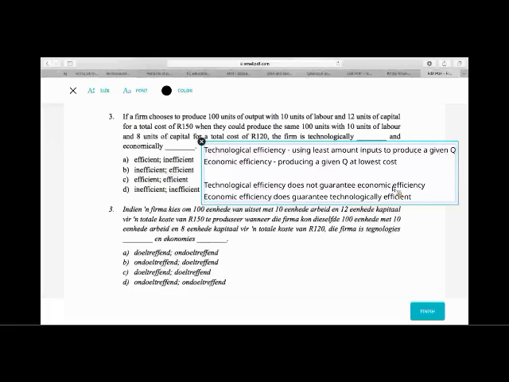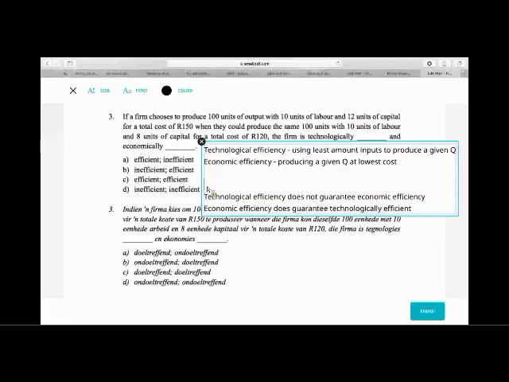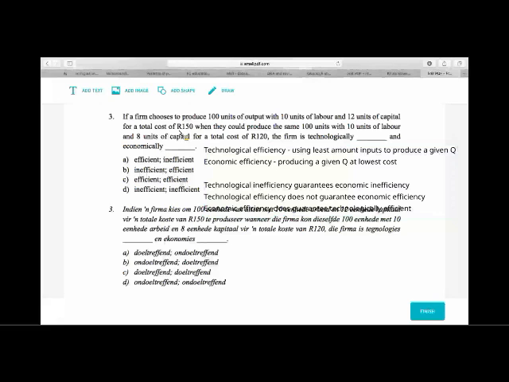The one thing we also know is that if a firm is technologically inefficient, it has to be economically inefficient. So technological inefficiency guarantees economic inefficiency.